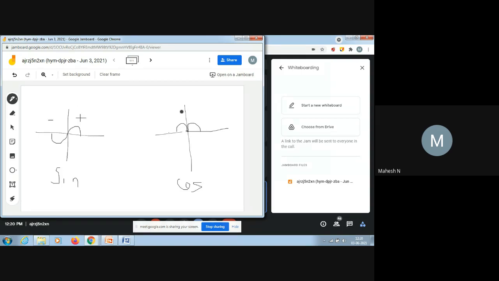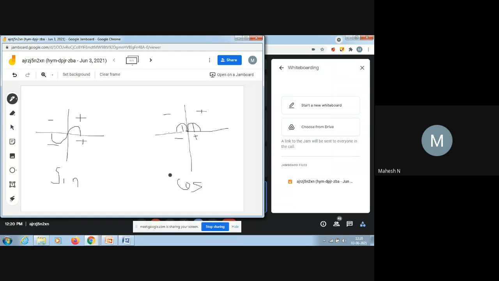First quadrant, second quadrant, right? Here x will be plus, and here x will be minus. Now when you come to cos theta, whenever I have a minus theta value, my value is positive only, and whenever I have a plus theta also, the value is positive only.